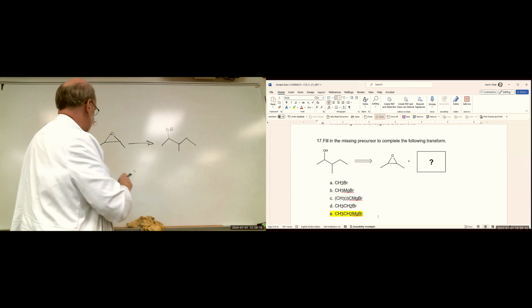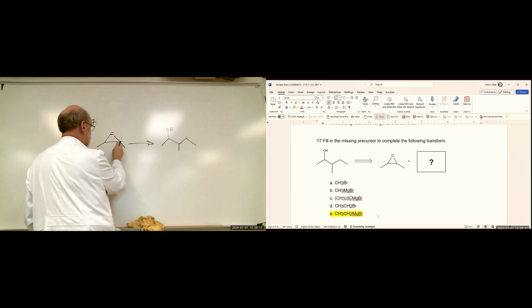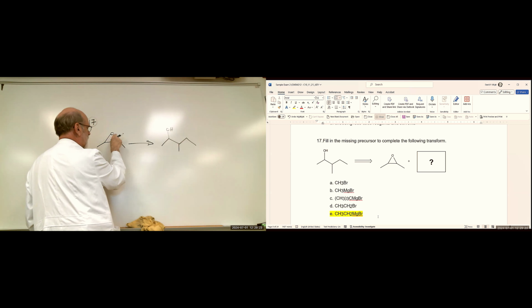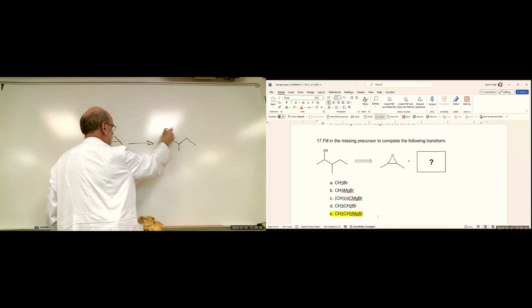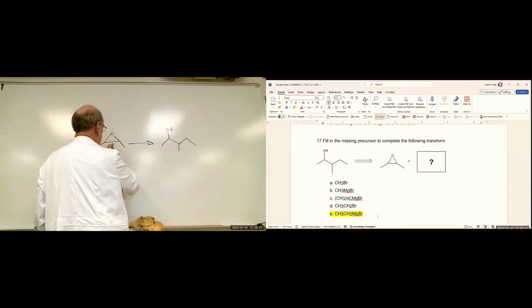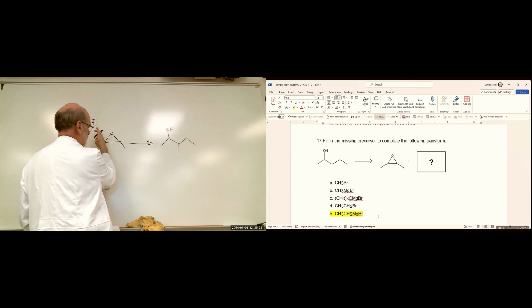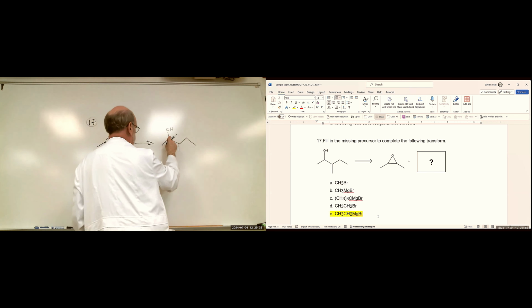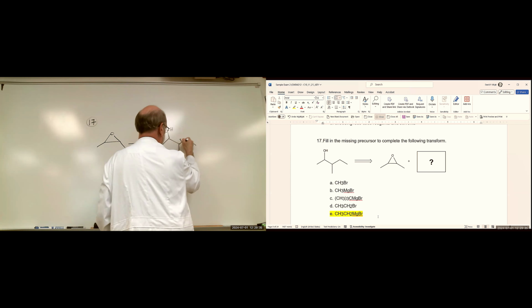What we've added here, we've got 1, 2, 3, 4 carbons. And this ring opens to give us that hydroxyl on the number 2 carbon. So it opens this way. 1, 2, 3, 4. Right.